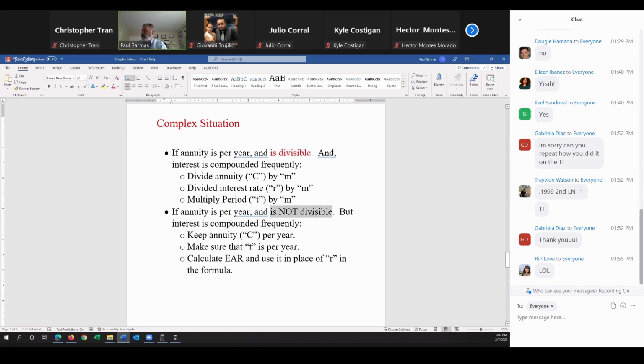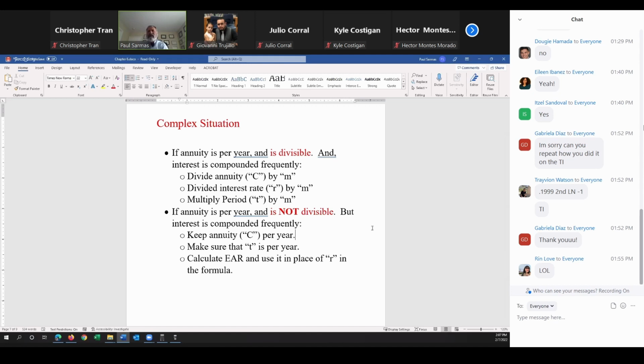What if C is not divisible? What if your annuity is not divisible? That will create a complication. That will create a problem. That is, if the C is $1,200 a year, and that's it, you cannot divide it, but your interest is compounded frequently, you have to be very careful now.